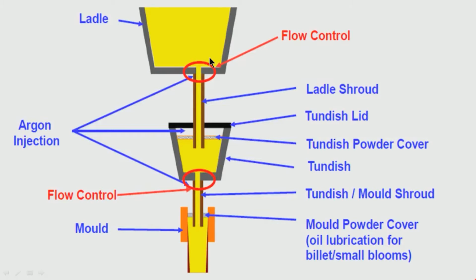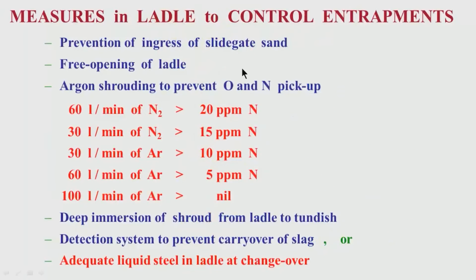So, when you are trying to empty the ladle of liquid steel, if you are not careful, some amount of slag might come. So, we have to be careful that this slag should not be allowed. The flow gate, either the flow gate or the slide gate should be immediately closed. So, how do you do that? For that, there has to be a detection system to prevent carryover of slag.